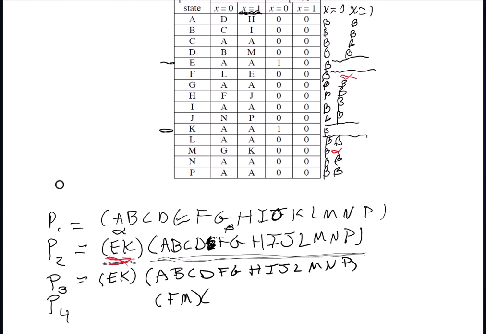So we have F and M, and then we have everything else, A, B, C, D, G, H, I, J, L, N, P. Okay, now let's go back and look at our E and K and their 1 successors. So E, the 1 successor is A, which is beta, and K, the 1 successor is A, which is also beta. So they have the same 1 successors, so they will stay in their own partition.